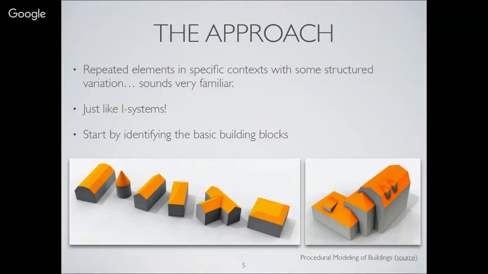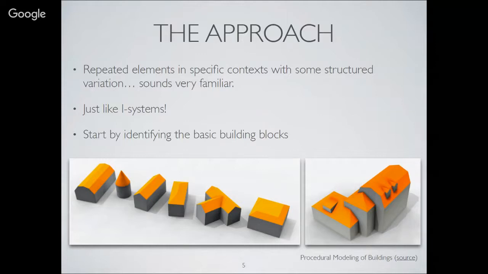For instance, on the right-hand side, I might say, all right, a building consists of a bunch of different, basically just fancy cubes, and they can intersect with each other at certain places. And I can add decorations to the top by saying, all right, there's a different class of smaller cubes that can only intersect with the roof parts of my other components. If you've worked with L systems, this is very similar.